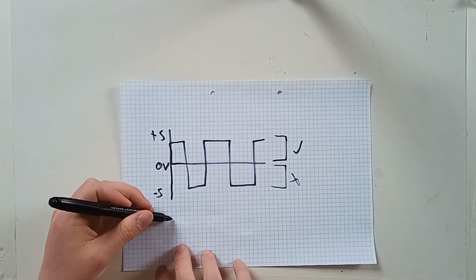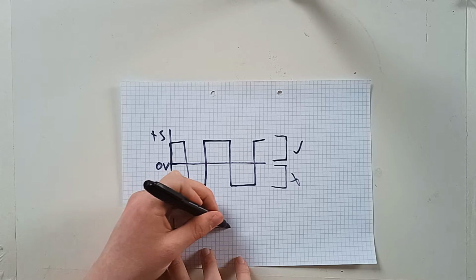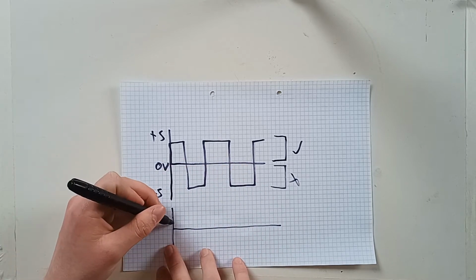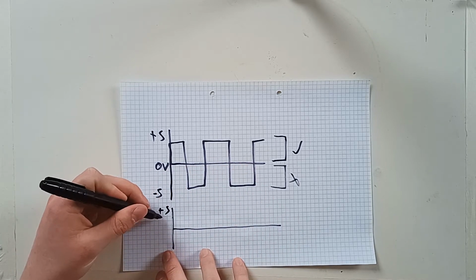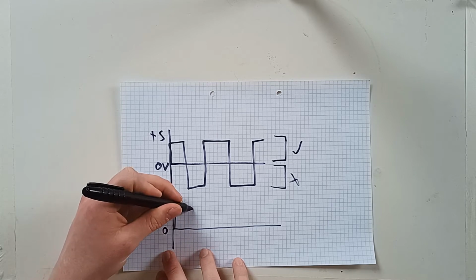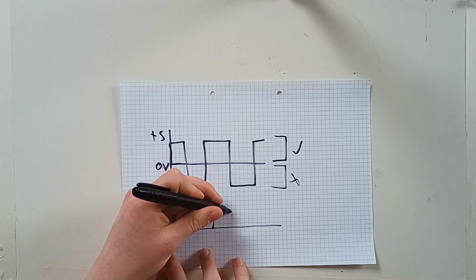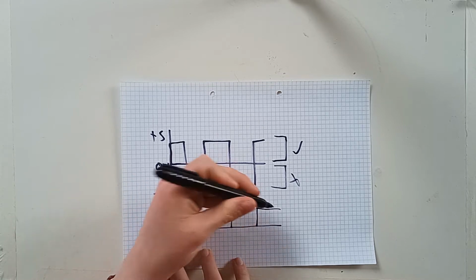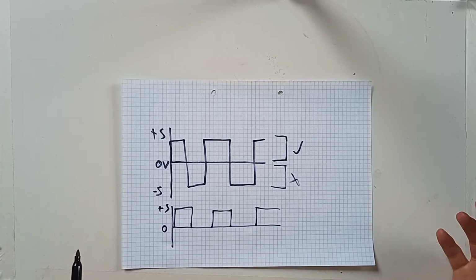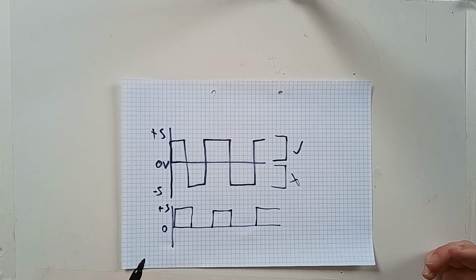So you would end up with your signal looking something like this, that is actually passing through the filter. Which, as you can see, is only half of the original signal.